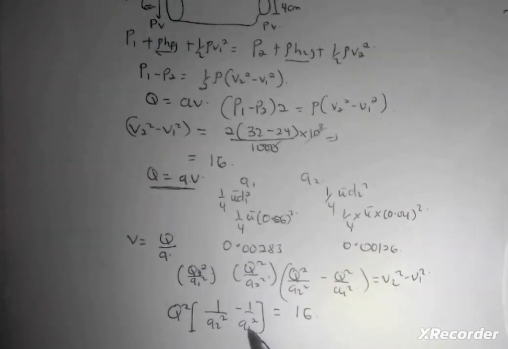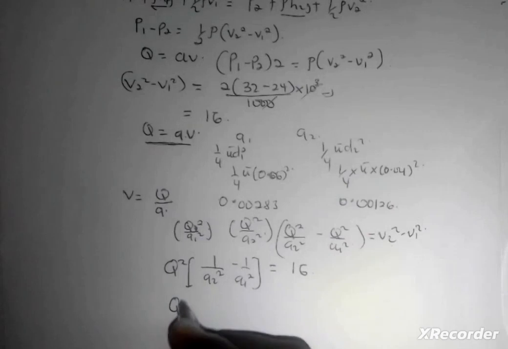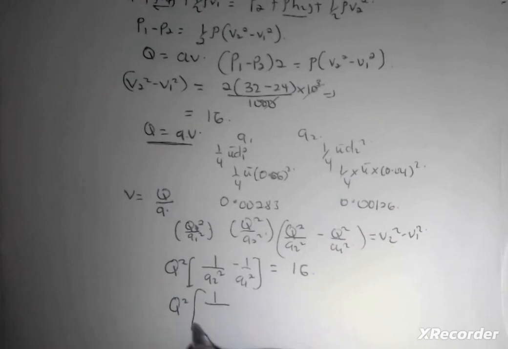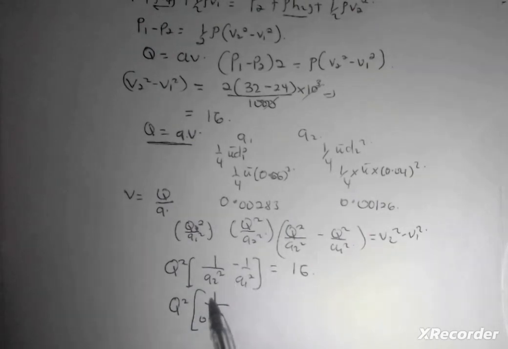Then what am I supposed to do? I'll divide 16 by that, and that will give me my Q squared. After that, I'll take the square root also. So I already have my areas, but I have to put them here. So Q squared, then 1 out of, I have my A2.